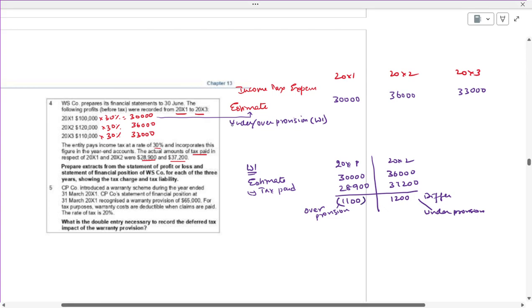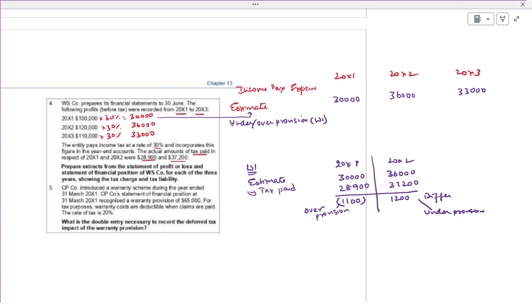Now, how much will we take in 2001, or will we take it in 2002?